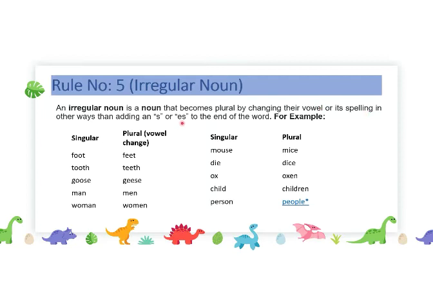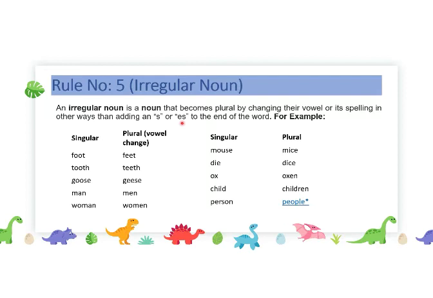Previously, in rules number 1, 2, 3, 4, we understood that by adding es or s, we can change that particular noun to plural. But this rule number 5 makes irregular nouns. That means the word itself is changed.